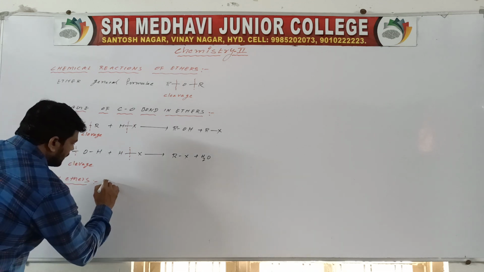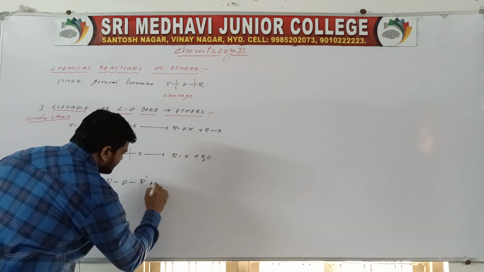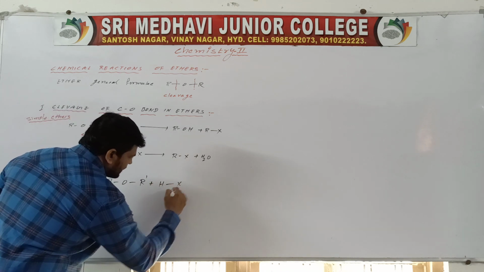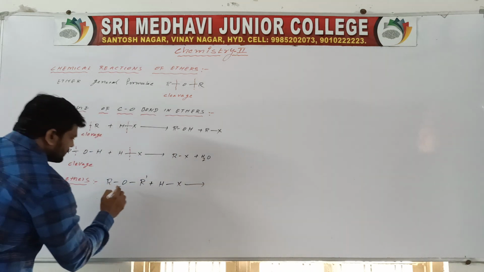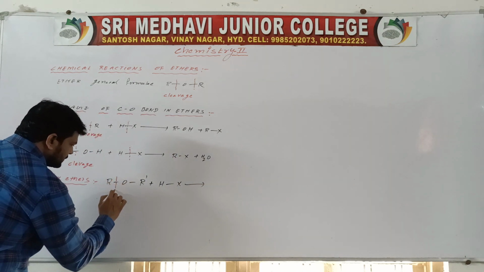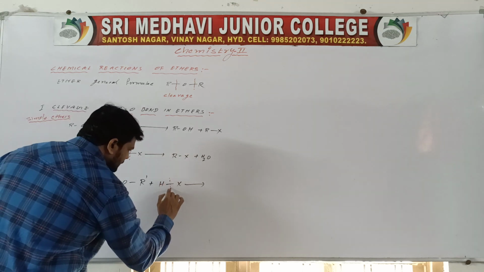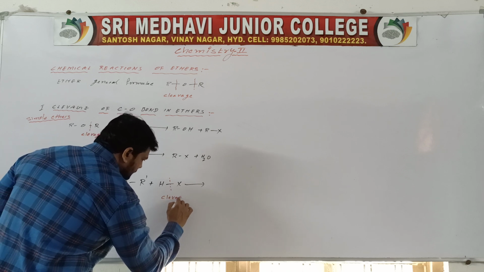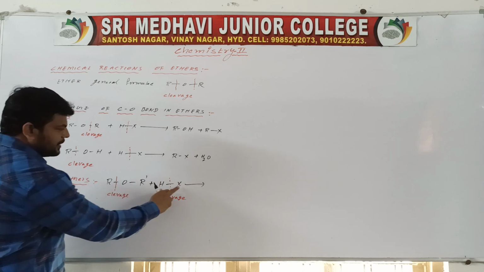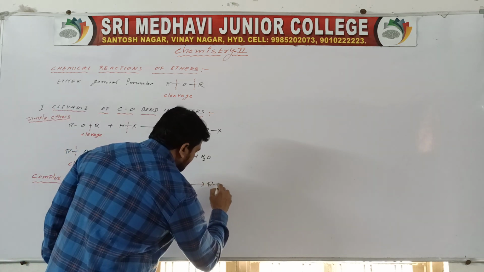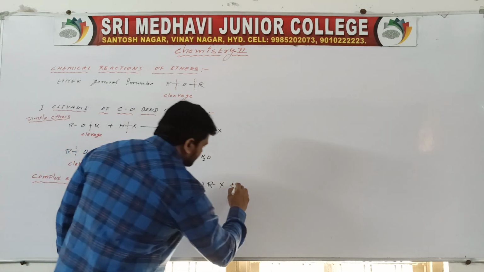Then ROR dash, adding HX, cleavage here, then RX is formed, RX plus R dash OH.